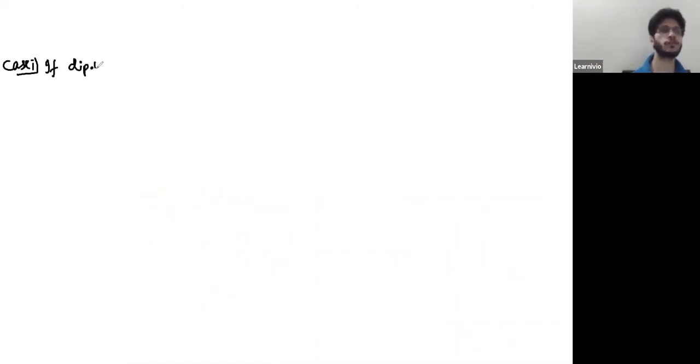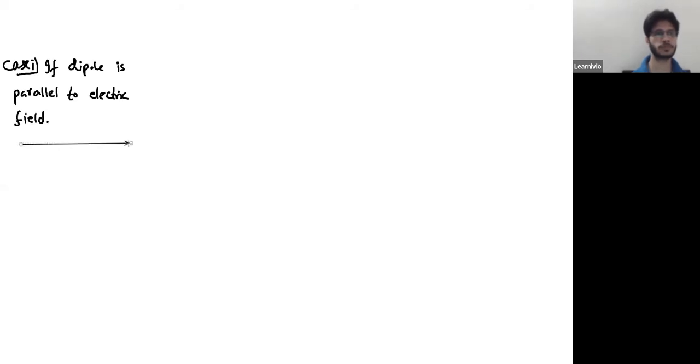So if the dipole is parallel to the electric field, this is the electric field, and this is the dipole moment.